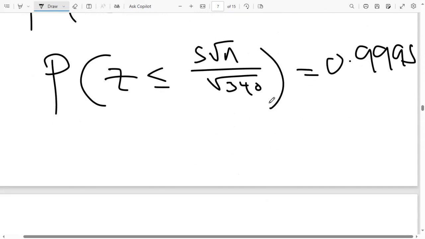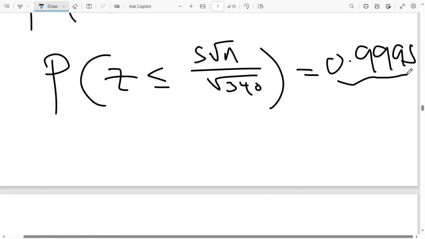And then from here, guys, we need to find the z-score of this probability here. Okay, we need to find the z-score of that probability. This probability is giving me 1.